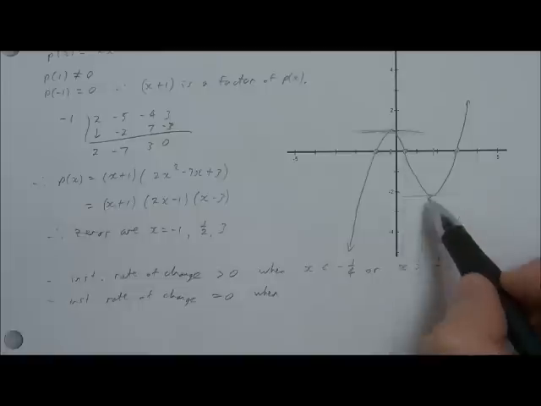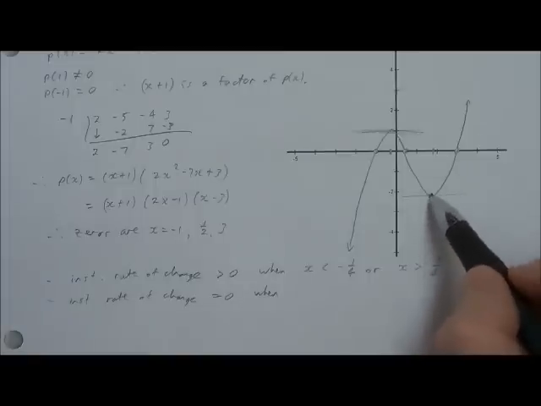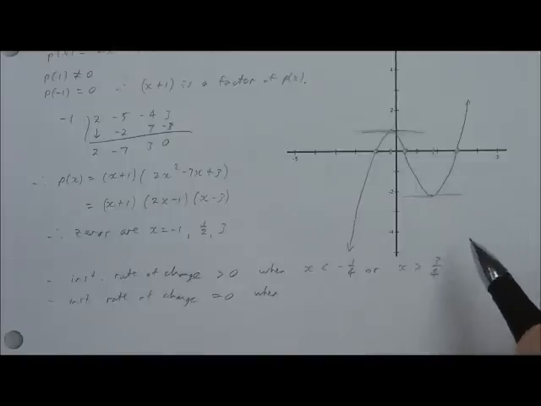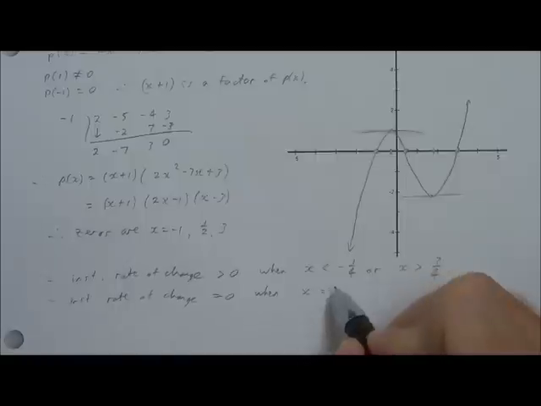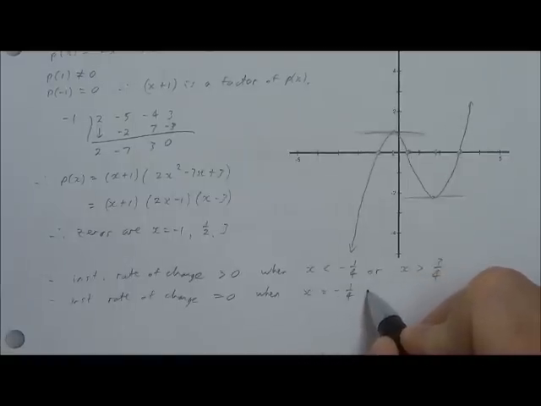Also, we've got negative instantaneous rates of change before the turning point, positive instantaneous rates of change afterwards, and then between the negative and the positive, it has to become 0 right at that turning point. So that's at x equals -1/4 and x equals 7/4.